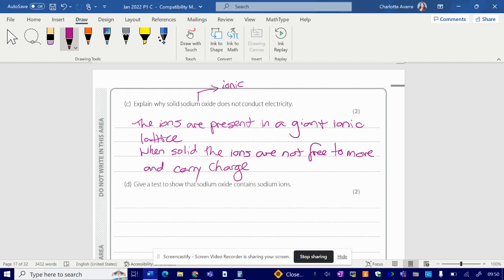Okay, give a test to show that sodium oxide contains sodium ions. So this is about you knowing your tests. The test for sodium is the flame test, and you will get a yellow flame if there is sodium present.